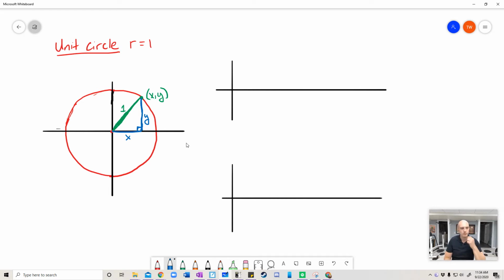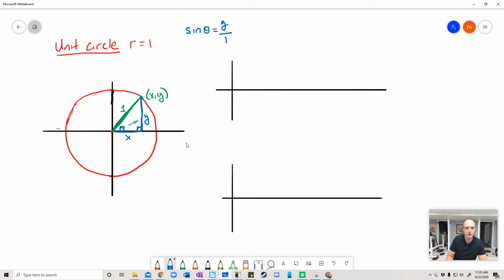So now, where are we going with this? If I just think about sine and cosine and make a connection to geometry, I would have that the sine of theta is opposite over hypotenuse. Well, what's my opposite? My opposite side in this triangle is y, and my hypotenuse is 1.